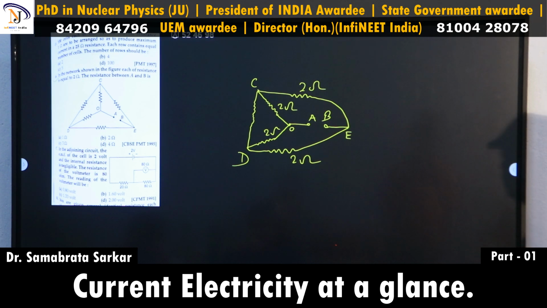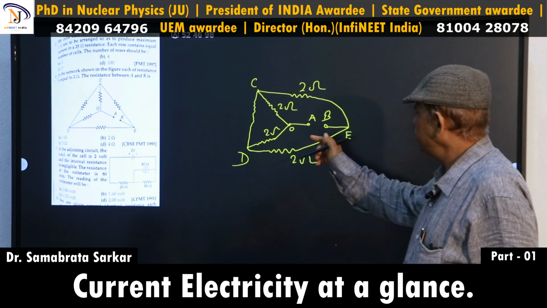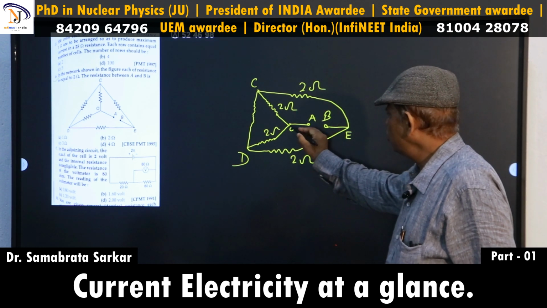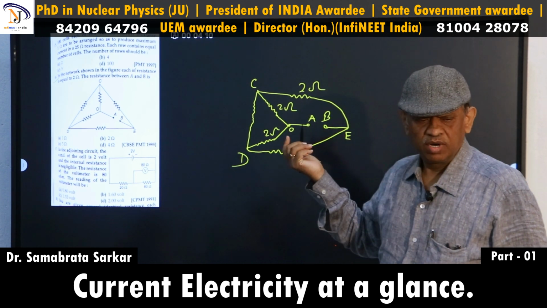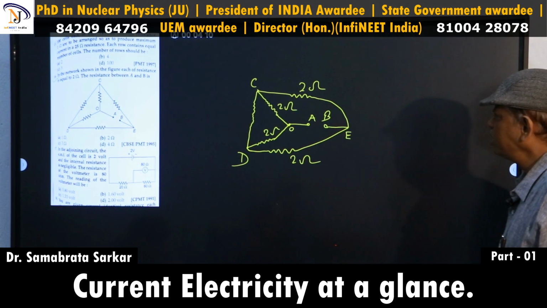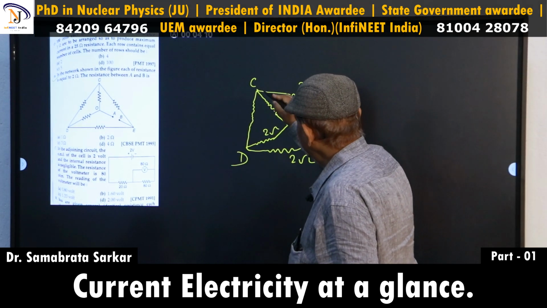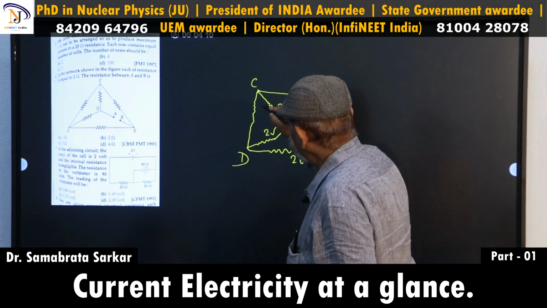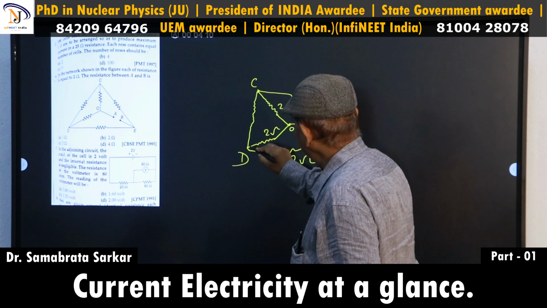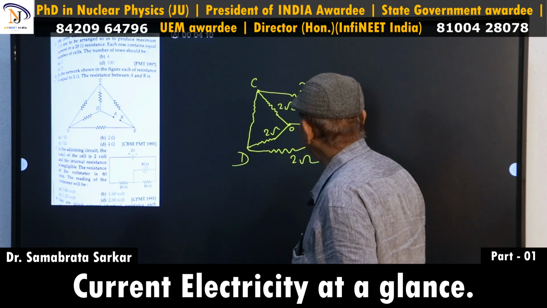How can it be done? Resistance between A and B means O and E are the same. Whenever a current goes from here, the potential at this point and this point is also equal, isn't it?